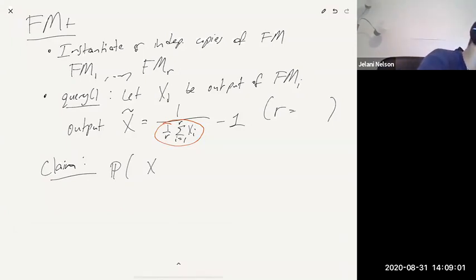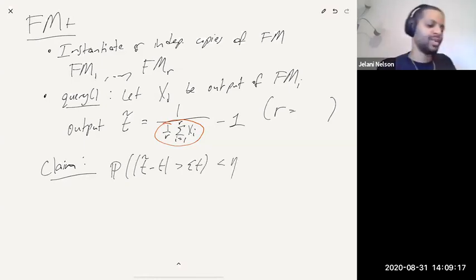So let me actually rename it. The probability that t tilde minus t is bigger than epsilon t is going to be at most eta once we appropriately choose R.